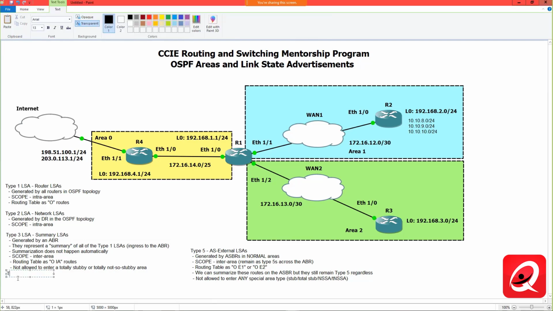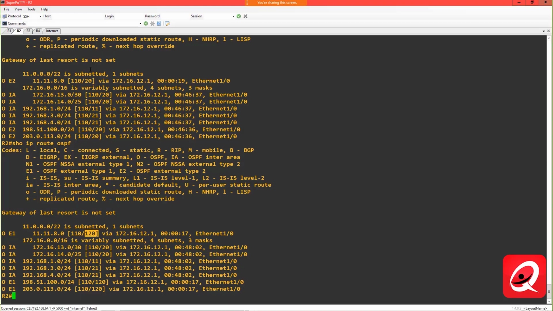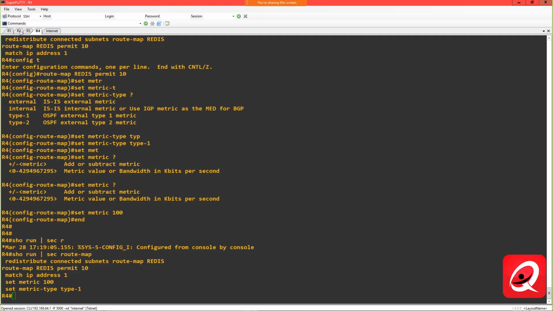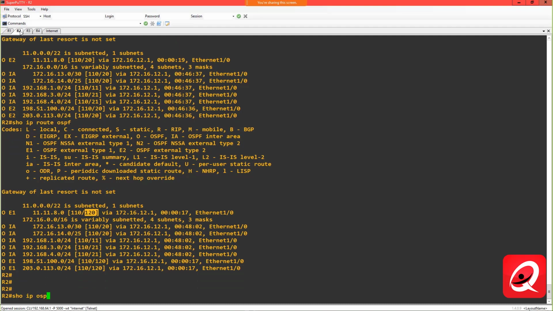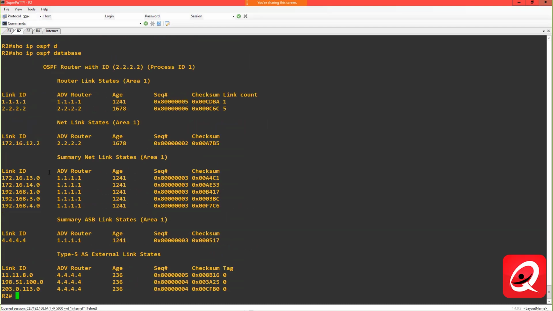Type 4 LSAs. You can see from router 4's perspective, actually go to router 2, show IP OSPF database, that these Type 4 LSAs show up as Summary Autonomous System Boundary Link State LSAs.